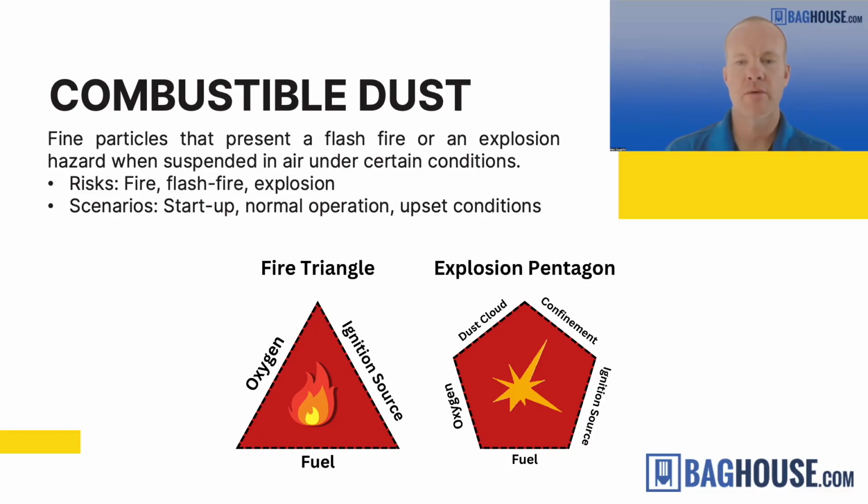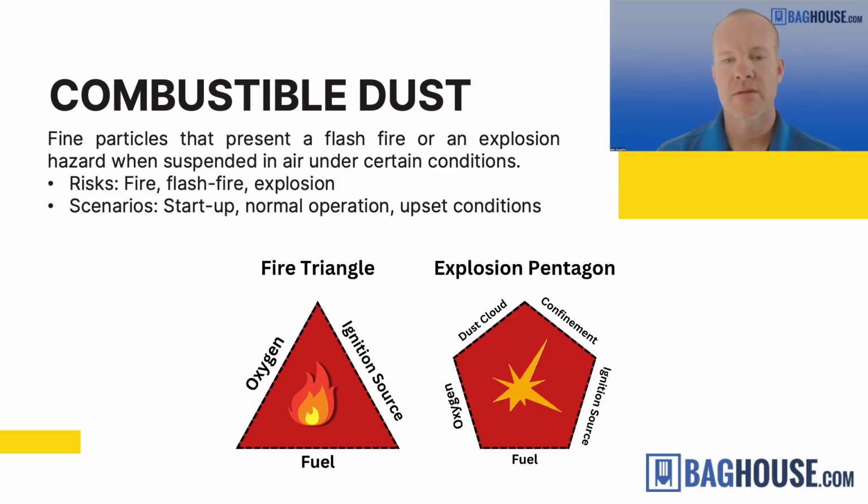You have oxygen, which is always present. You have the fuel, which is your sawdust or wood dust. And then all it takes is an ignition source, which could be a spark from one of your processes, maybe a bearing on a cutting wheel or something. It could be a nail making its way through a saw, and that has the potential to make its way into your baghouse, your ductwork, and start a fire.